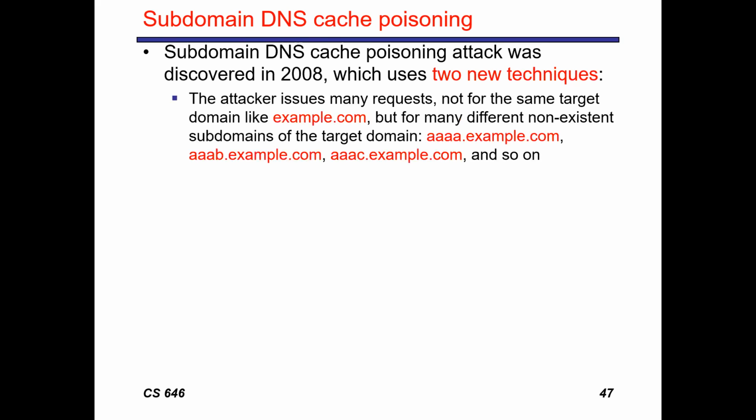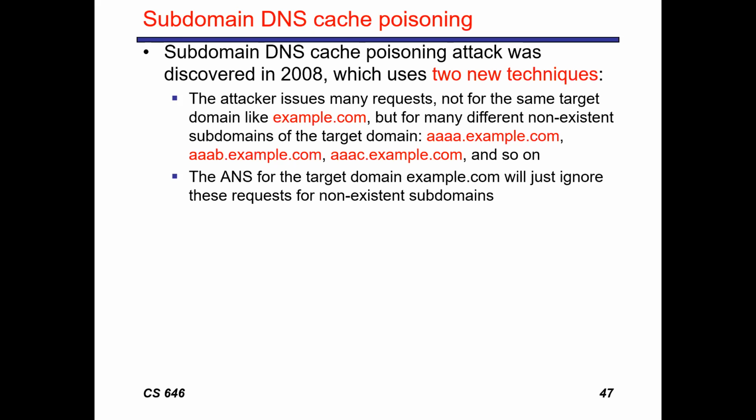Now, the subdomain cache poisoning attack was discovered in 2008, which uses two new techniques. In the first technique, the attacker issues many requests that are not for the same target domain like example.com, but for many non-existent subdomains like aaa.example.com, aab.example.com, aac.example.com, and so on.